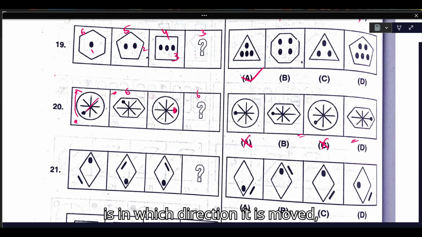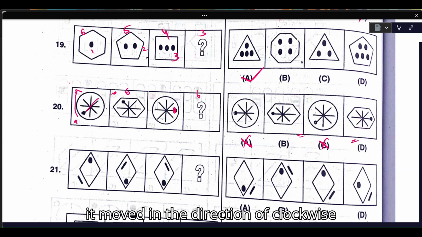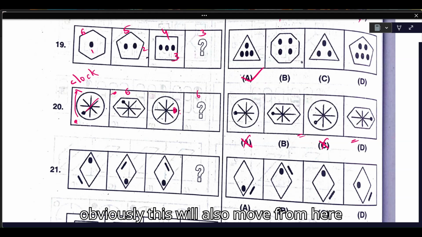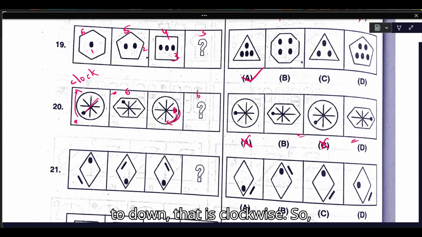In which direction is it moved? It moved in the clockwise direction only, right? So obviously this will also move from here to down, that is clockwise. So it should be at downside, right? It should be here. Then only it will be correct.